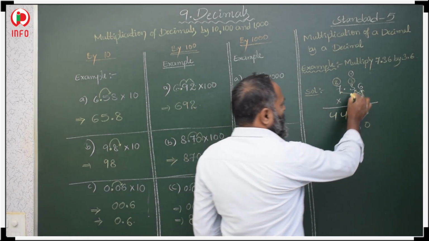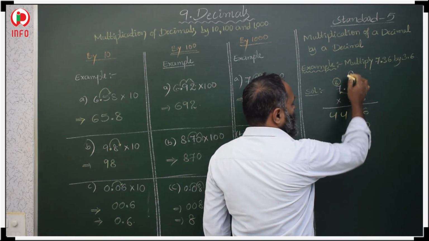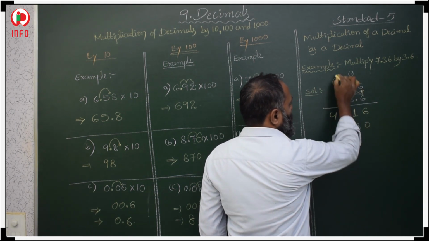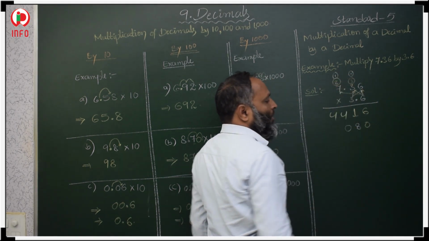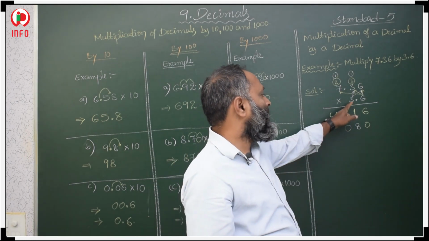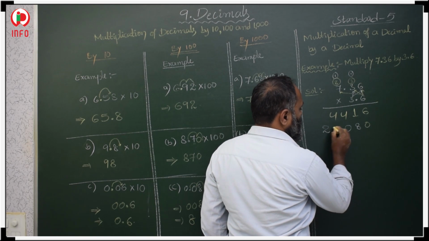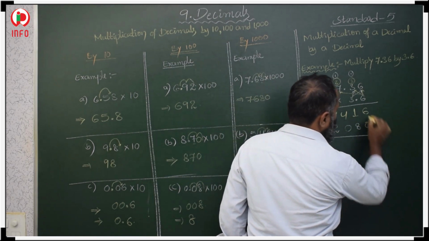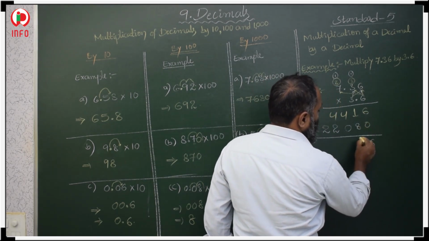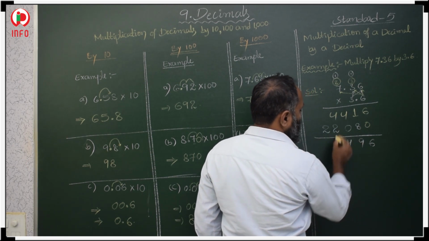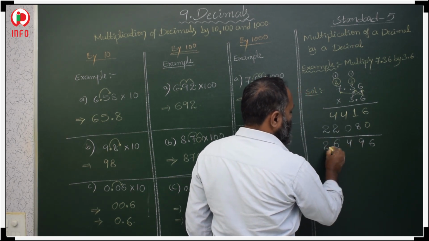Next 3 threes are 9, plus 1 is 10, 0 here, and carry over 1 on 7. 3 sevens are 21 plus 1 is 22. Now add: 6, 8 plus 1 is 9, 4 plus 0 is 4, 4 plus 2 is 6, and 2.